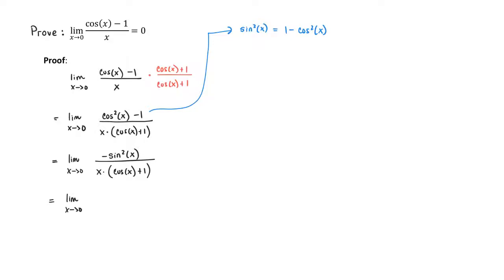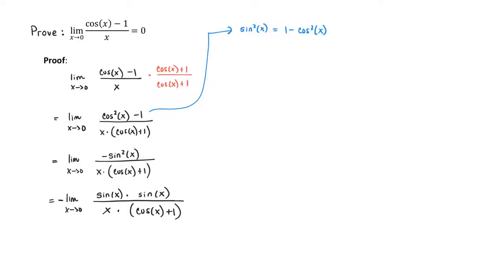Now, this negative right here, I don't need, so I'm going to push it in front of the limit sign. I am going to rewrite this as negative, the limit of sine x times sine x, divided by x times (cosine of x plus 1).